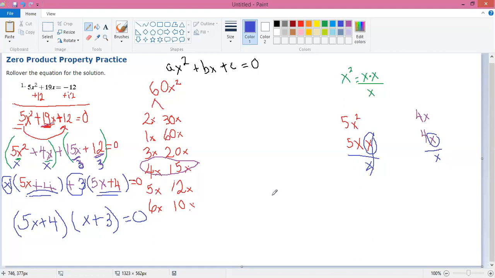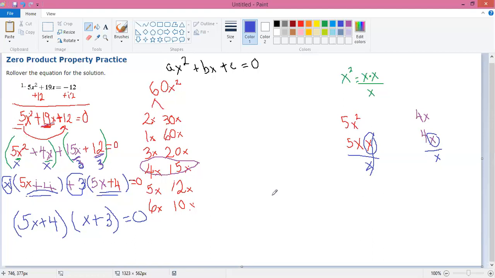It should just be plus 3, parenthesis, 5x plus 4, parenthesis. Great, yes.